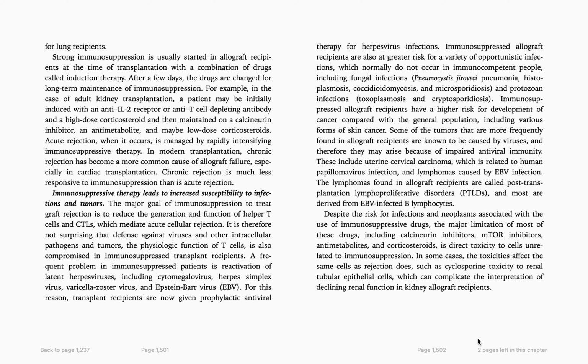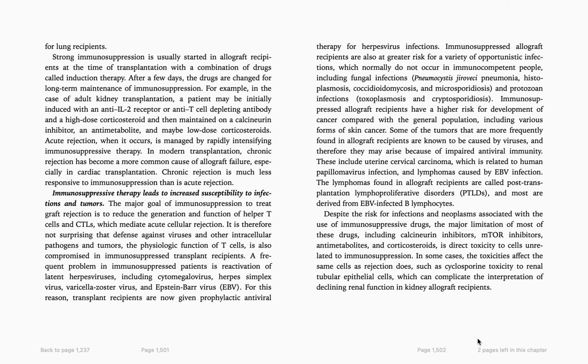A frequent problem in immunosuppressed patients is reactivation of latent herpesviruses, including cytomegalovirus, herpes simplex viruses, varicella zoster virus, and Epstein-Barr virus. For this reason, transplant recipients are now given prophylactic antiviral therapy for herpesvirus infection.